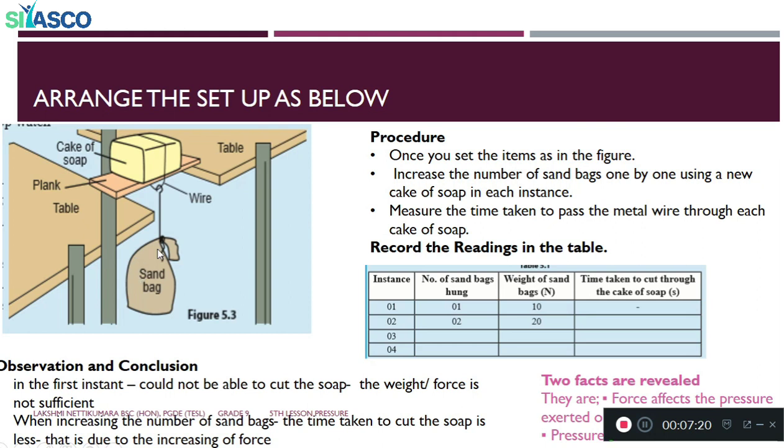But as you gradually increase the sandbags, you will observe that the time taken to cut the soap reduces very quickly. Just think about if you put 4 or 5. Sometimes you cannot even measure the time, because it is so fast.